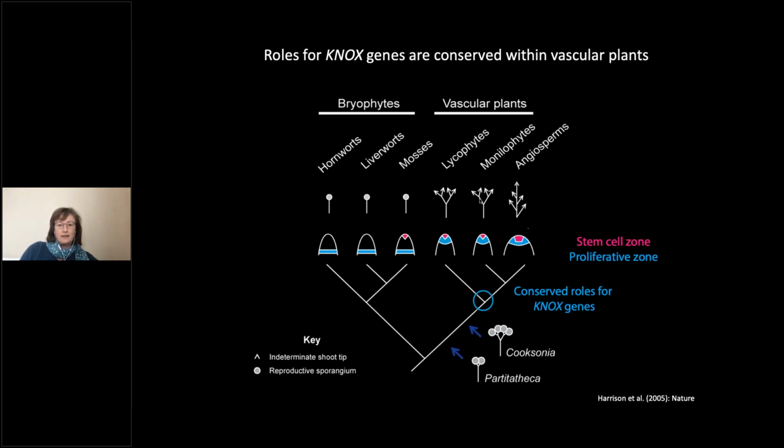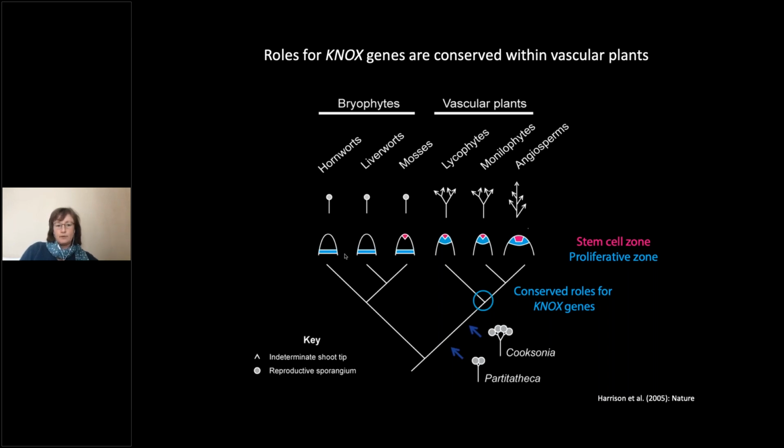Expression analyses in a lycophyte. So if you read this slide back from the tips on the vascular plant side, compare the lycophyte to the angiosperms. The expression analyses in the lycophyte showed that, as in Arabidopsis, the KNOX genes are expressed in the blue part of the shoot tips, which is the proliferative zone of the shoot tips.